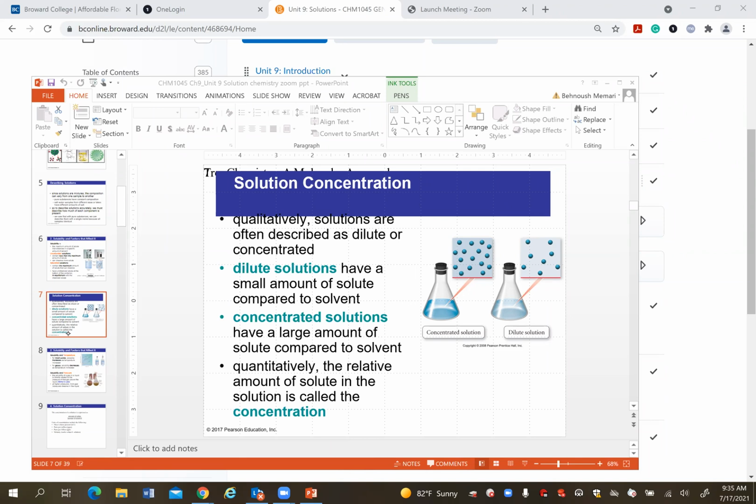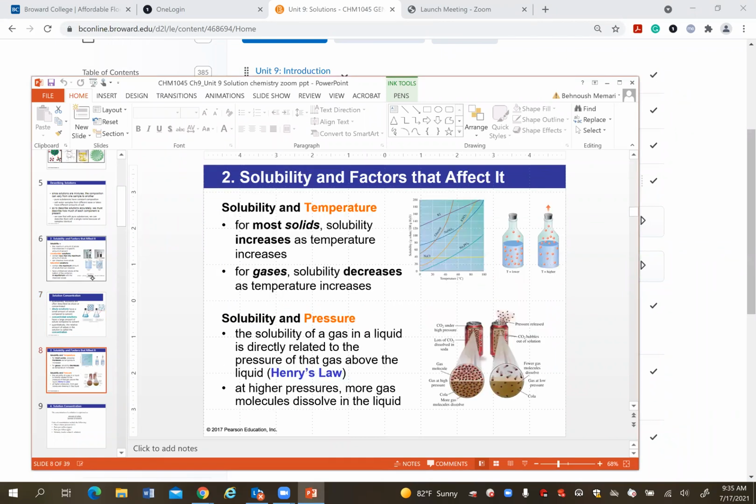But quantitatively, if you want to talk about stoichiometry of the reactions, and you want to know exactly how much salt you need to add to the solvent in order to make the solution, you have to have exact numbers. So the numbers should be given to us. What concentration exactly do you want the solutions to be made?